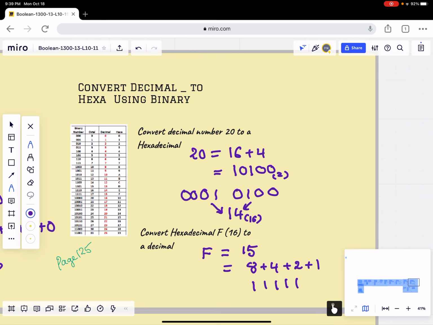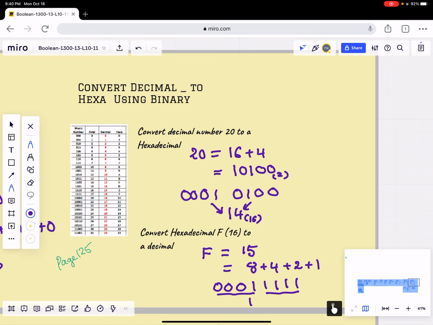And you form 4-bit groups from the right to your left. So you have just one group. The other one doesn't have enough 4 digits, so you add 0. And the hexa equivalent of this one is 1.